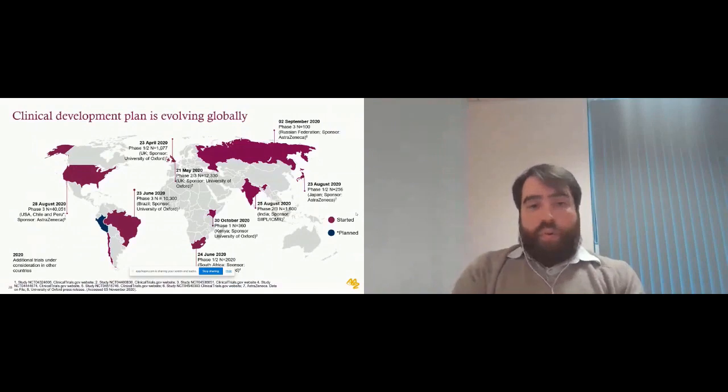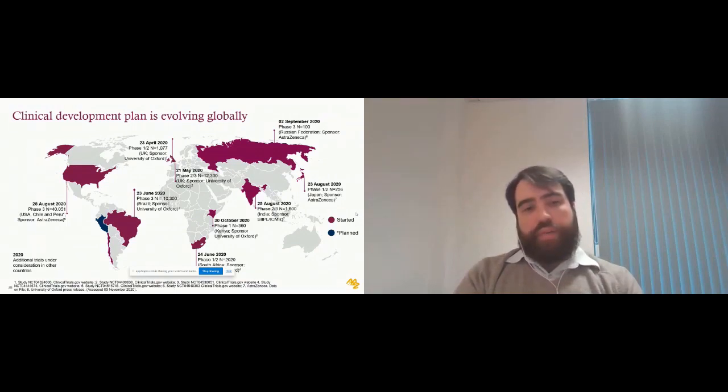So there are several ongoing studies around the globe on our vaccine. There are studies sponsored by the Oxford University, 2 of them in the UK. The Brazil study is also sponsored by Oxford, and 2 in Africa, 1 in Kenya and 1 in South Africa.